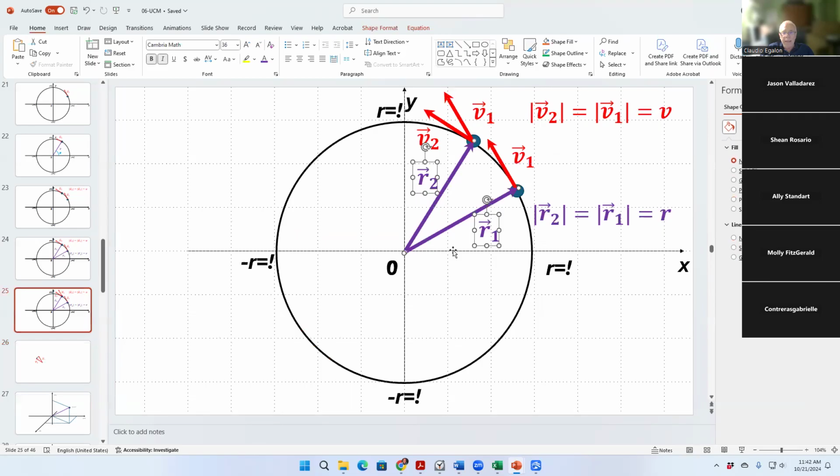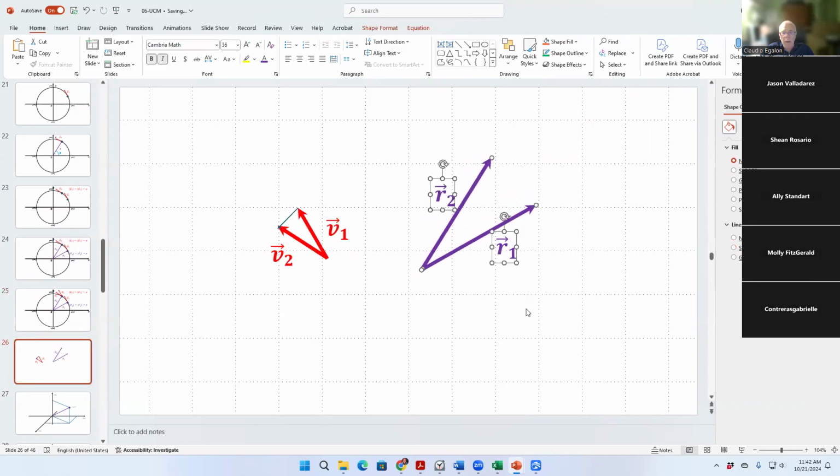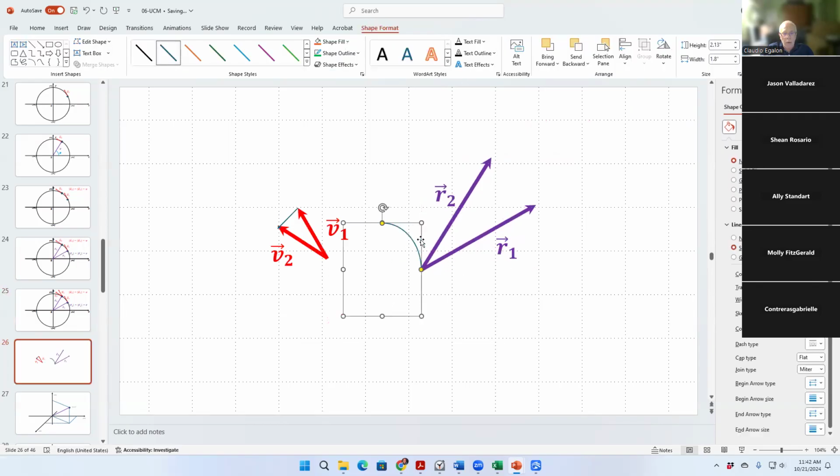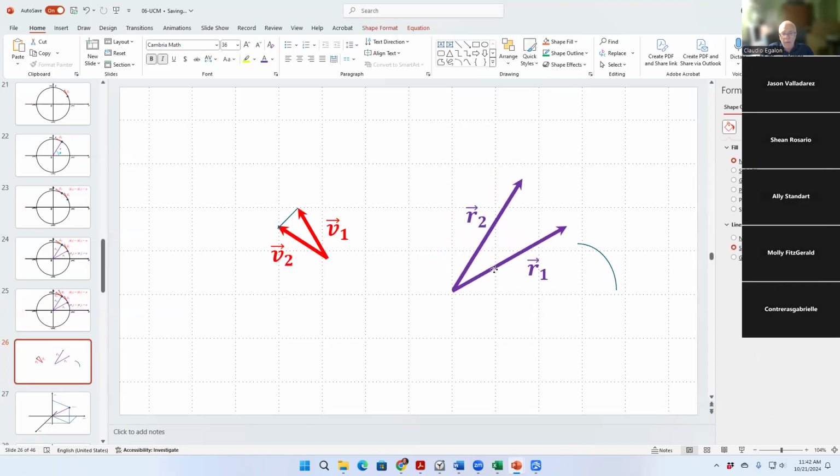They're just oriented differently, but the triangles are the same. Okay, I'm going to take a drawing here. Here you go. I'll get this guy exactly here.